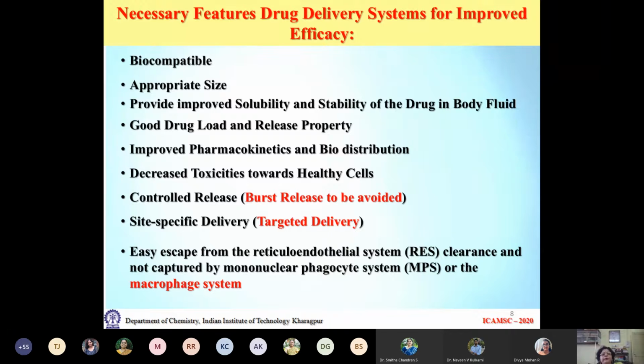Now, whatever load you have put into the delivery system, once it reaches the place where it should be effective, at that time the release property should be good. If the release properties are not good, then whatever you are carrying, you cannot disperse, and then you do not have the biodistribution of the pharmaceutical drug you are using.